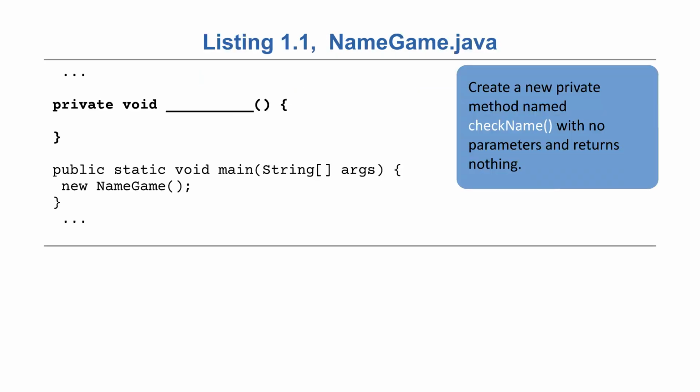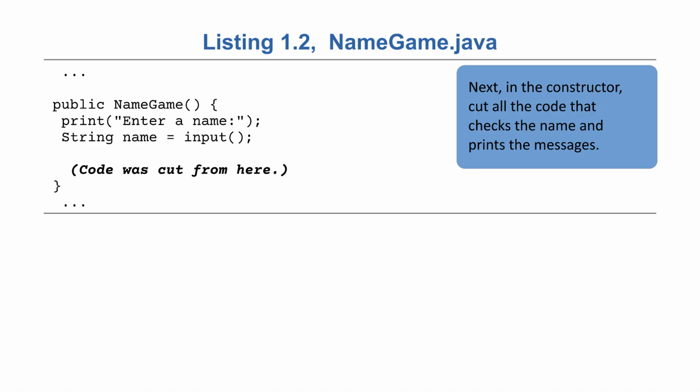Open the name game program that we created in TG3 and updated in TG5. Create a new private method named checkName with no parameters and returns nothing. Hint: go back to TG6 if you don't remember how to create a new method. Next, in the constructor, cut all the code that checks the name and prints the messages.